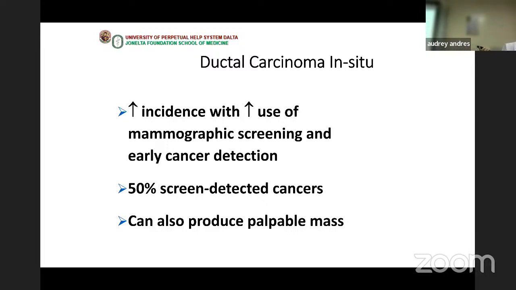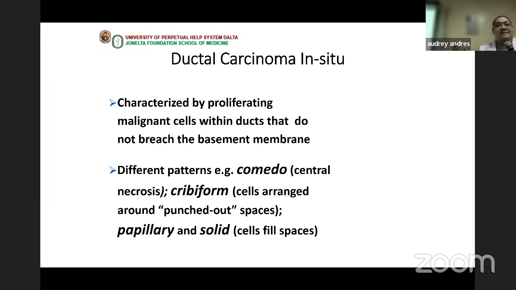Could also have a palpable mass, yes, but more often than not, there's no palpable mass yet and it's detected by screening. Okay, this is characterized by proliferating malignant cells within ducts that do not reach the basement membrane. So it has not invaded your ducts or basement membrane.